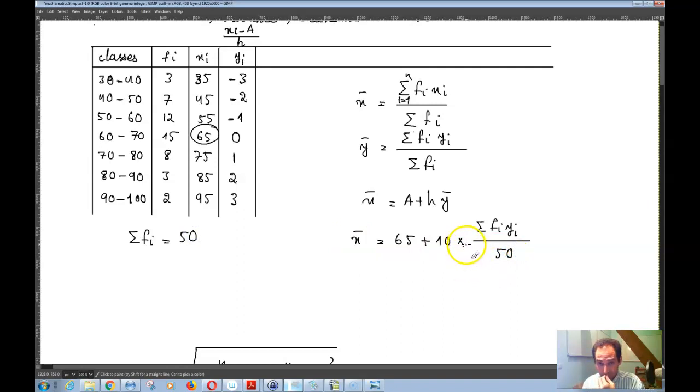And now sigma f of i y of i is equal to basically all of these numbers, which you can calculate over here as well. Let me see, what is sigma f of i y of i? So f of i y of i is equal to negative 9, negative 14, negative 12, 0, 8, 6, and 6.